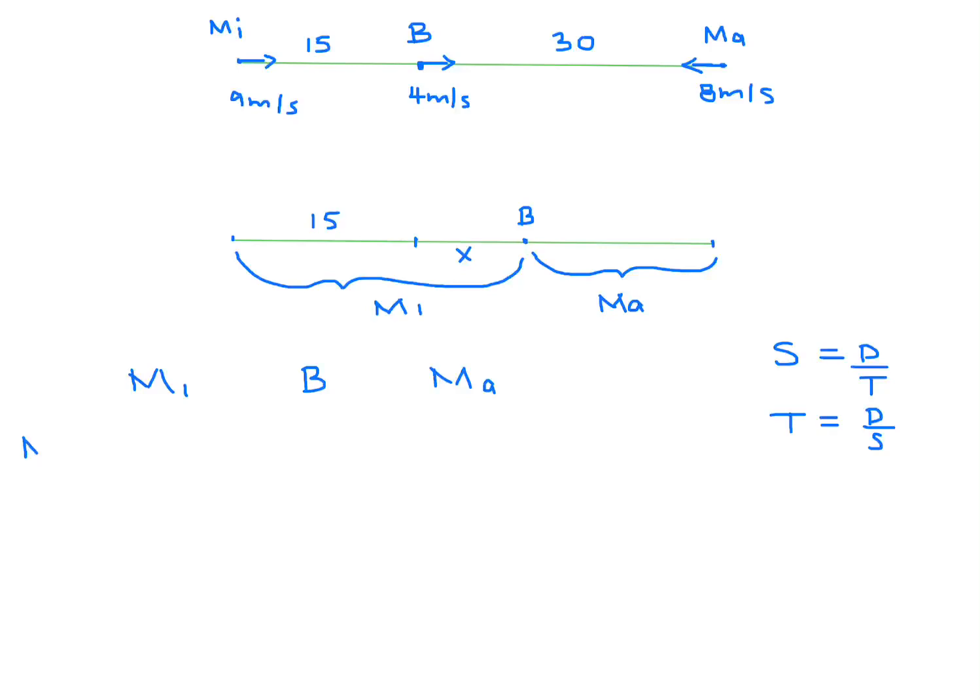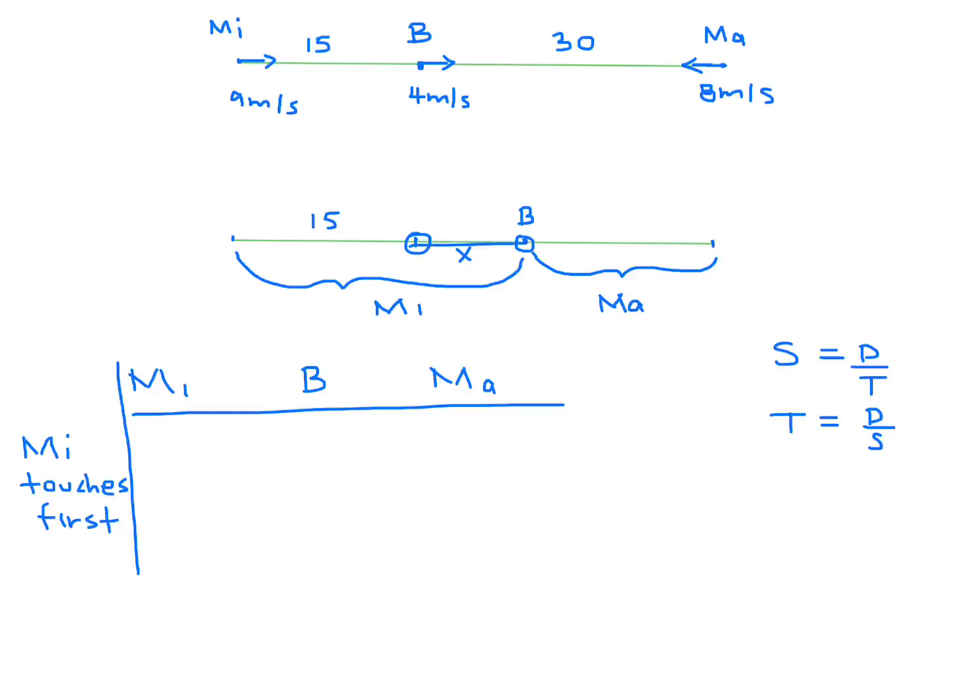So let's say Michael touches the ball first. All right, let's say that is the scenario that happens. We don't know, but we can figure it out. Now, if that is true, then the amount of time that it took the ball to go from here to here is the exact same amount of time that it takes Michael to go from here to there.